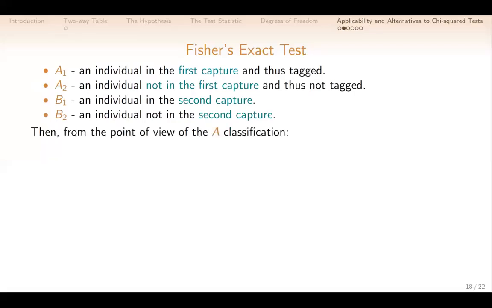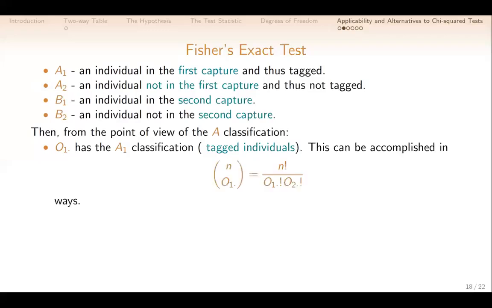Okay, now let's look at the point of view of the A classification. So O1 dot is the number that have the A1 classification. That's the number of tagged individuals. So how can this be accomplished? Well, there were n individuals in my population, and so I'm going to choose from those n individuals O1 dot that will get tagged. And so that's this binomial coefficient n choose O1 dot.